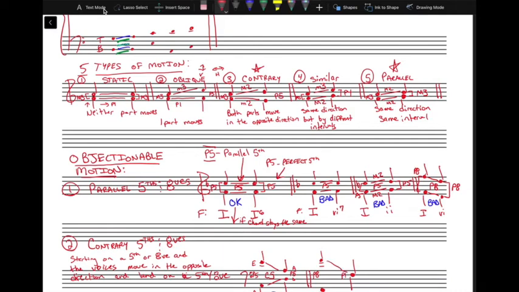And a perfect unison is the same as an octave. So it starts at an octave, it ends at an octave. This is a little harder to see and to write. You're not going to have this a lot because leaping an octave is not something usually done. So you're going to see more of the contrary fifths as opposed to the contrary octaves.